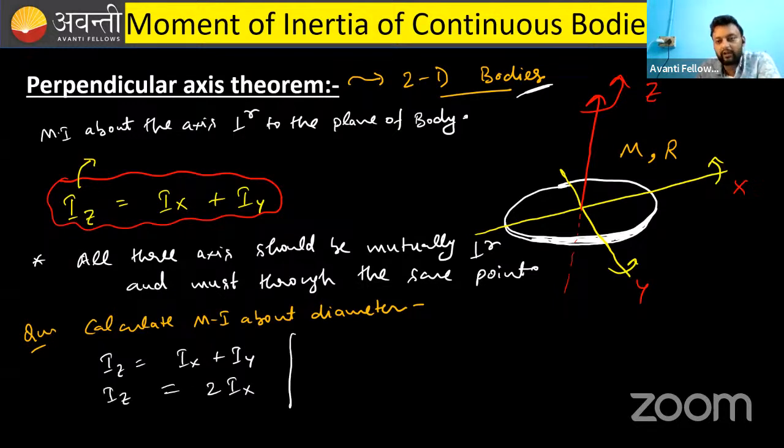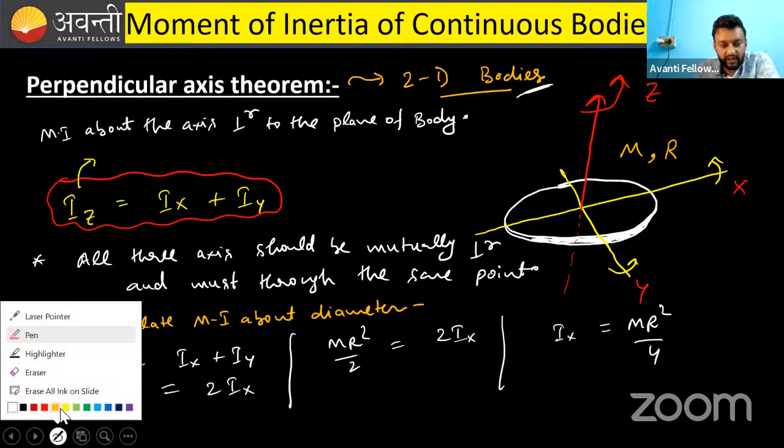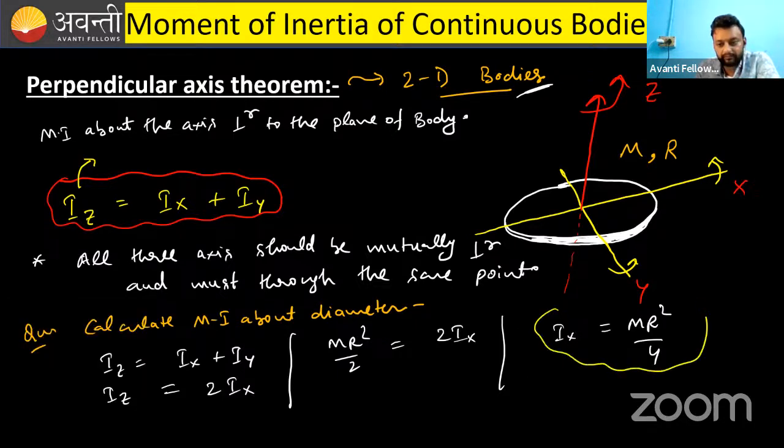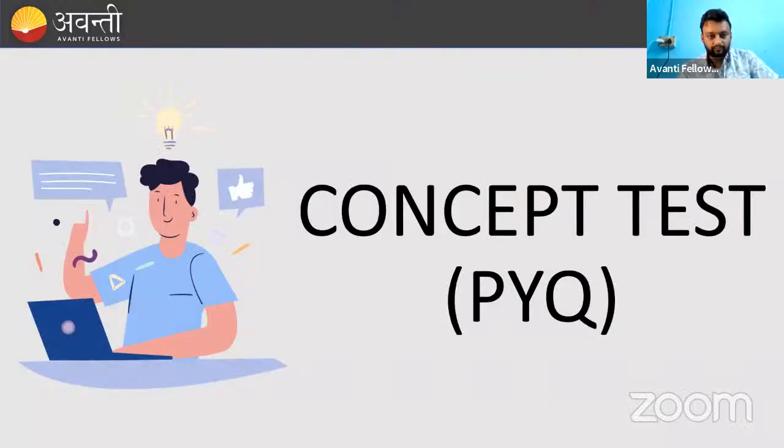And we know that for a disk, moment of inertia about z-axis is Mr square by 2, equal to 2 times Ix. So Ix will be Mr square by 4. This is the moment of inertia about the diameter. Clear?